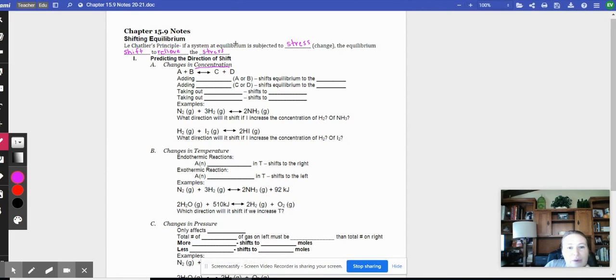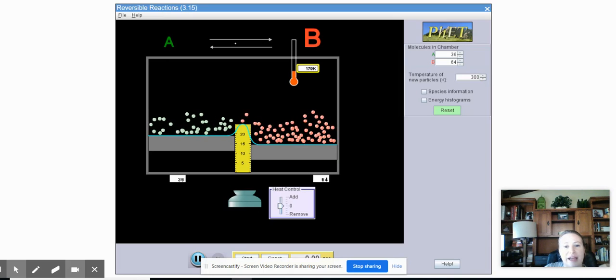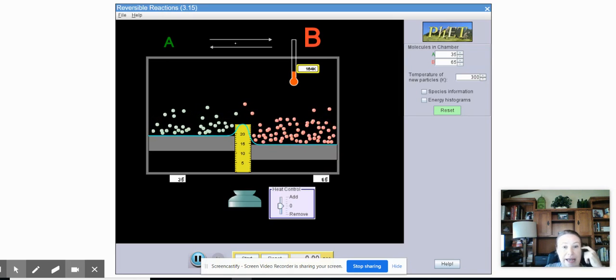All right, so adding reactants. Adding reactants, which in this generic equation is A and B, is going to push the reaction in the opposite direction. So it shifts the equilibrium to the right, towards the product side. If I have this at equilibrium and I add A, what's going to happen?